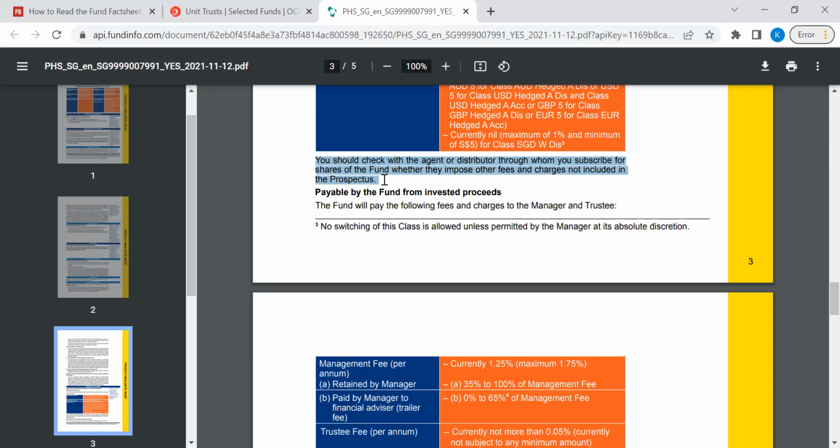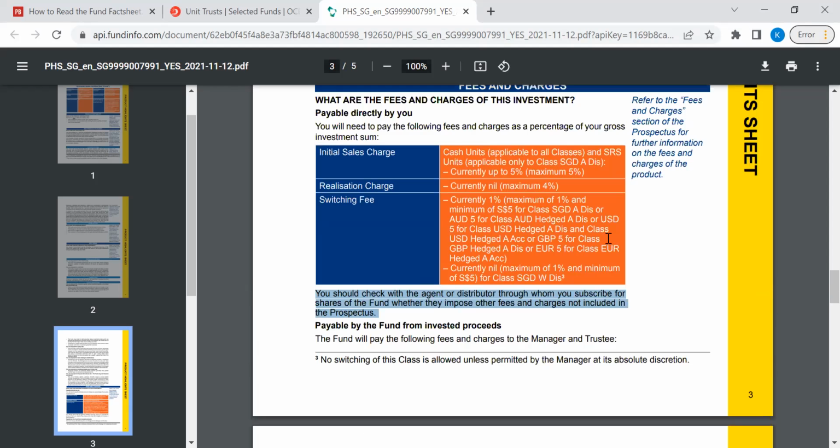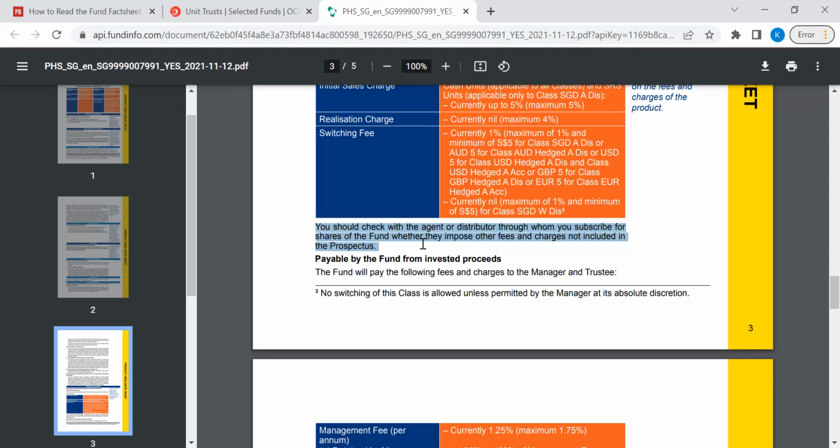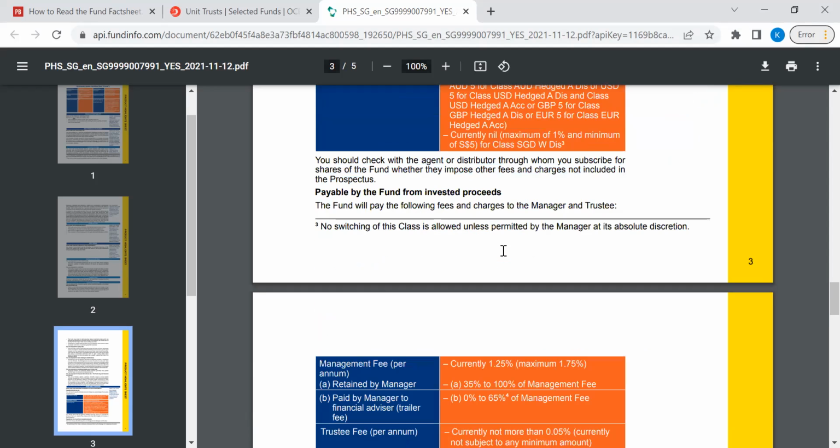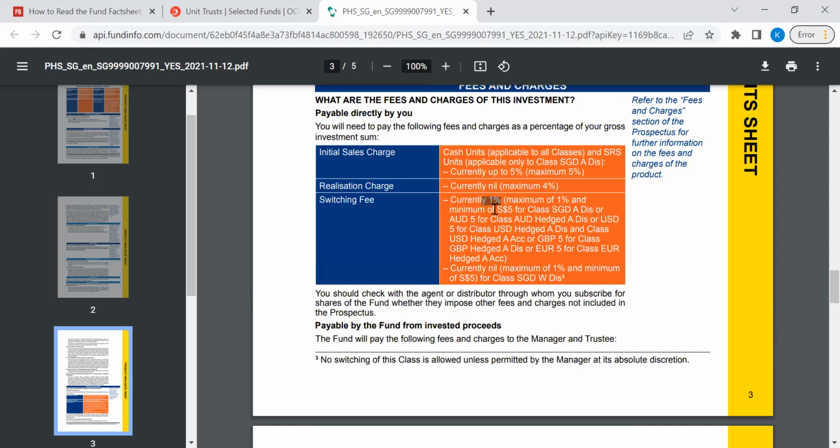So what Schroders is saying is that you should check with the distributor. In this case, as we said, the distributor is OCBC. For this 1% switching fee, you've got to check with your distributor which funds you can switch to that are charged 1%, and which funds you can switch to that don't charge this, right?